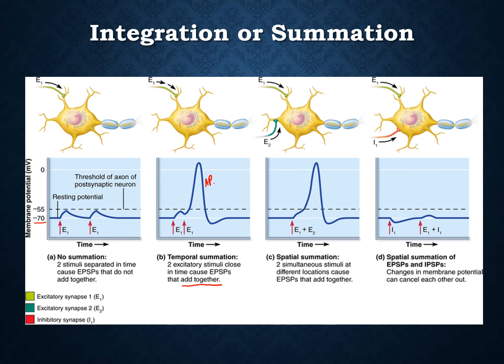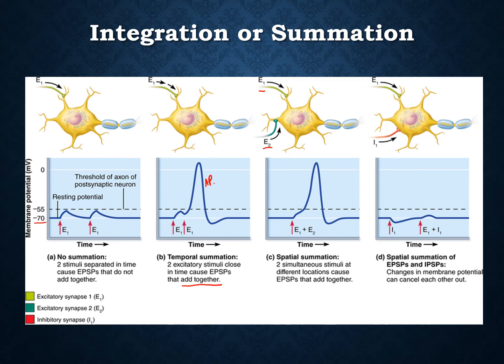Then in diagram C, this point is very important. Two simultaneous stimuli at different locations cause EPSPs that add together. Here in diagram C, E1 denotes presynaptic neuron 1, from where the messages come. Again, E2 is presynaptic neuron 2, and from here another message comes. Two messages come simultaneously, so they bind together, and the EPSPs add up.